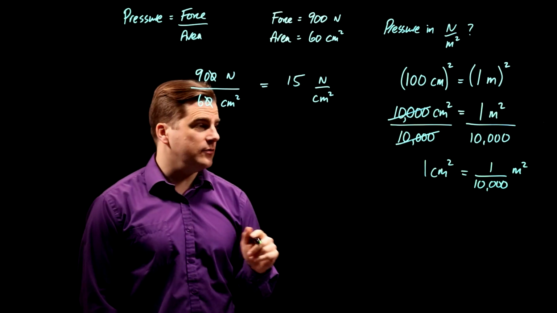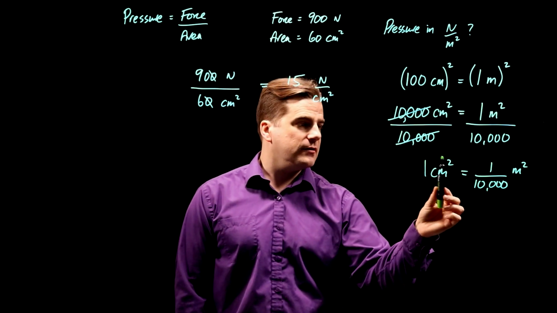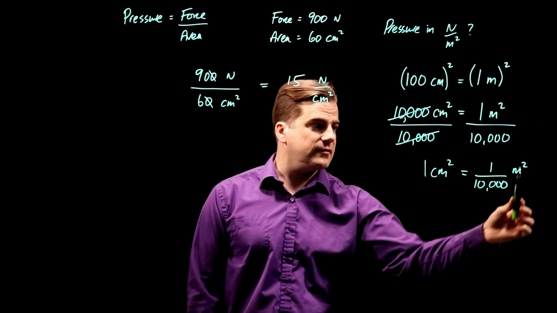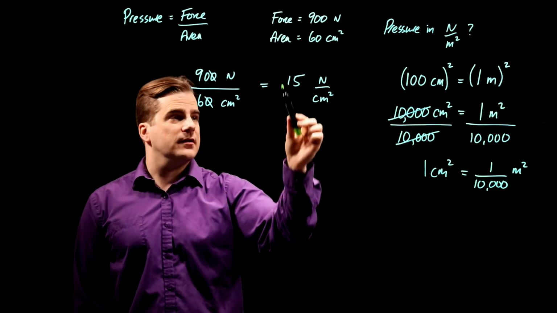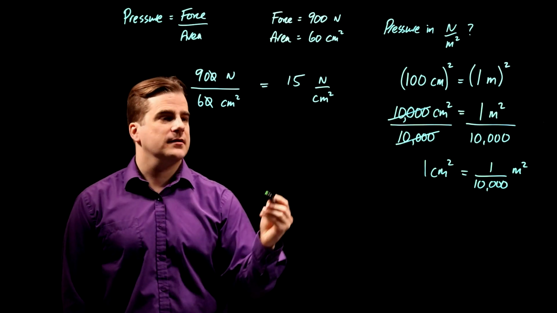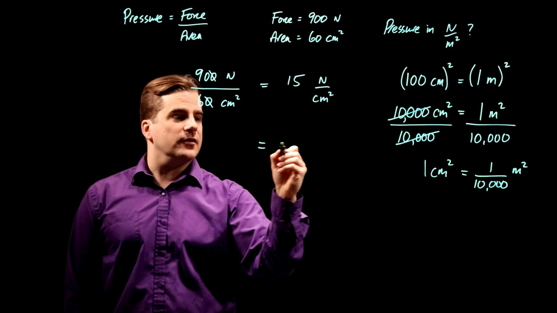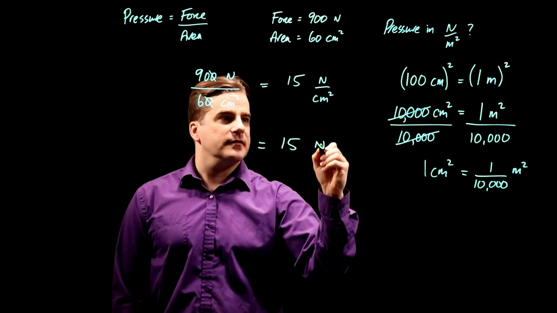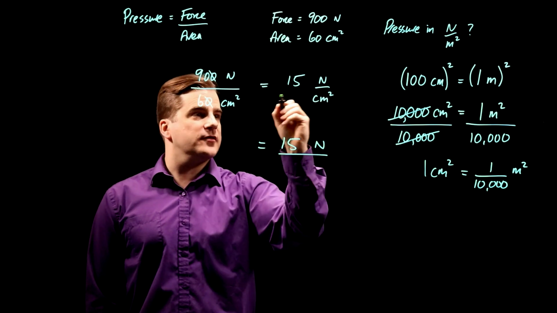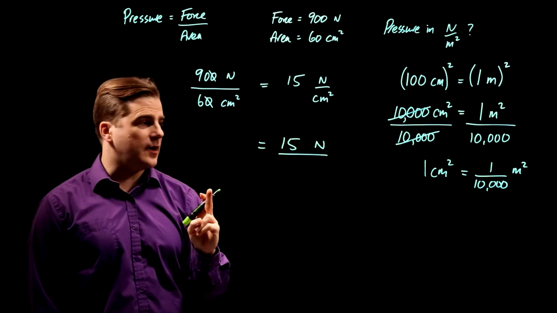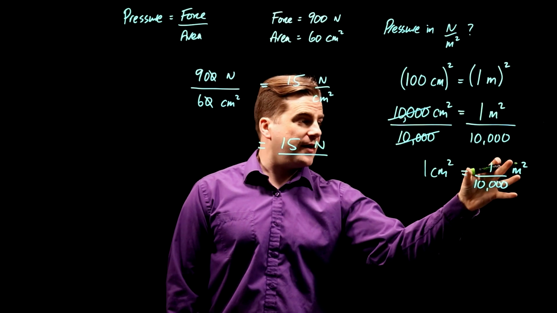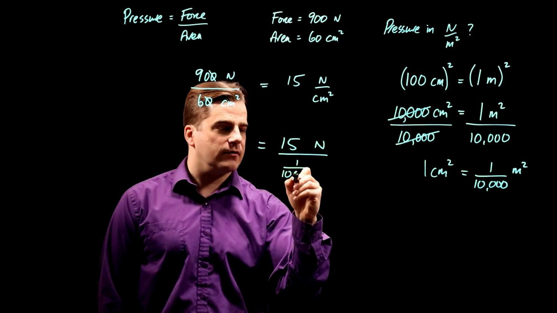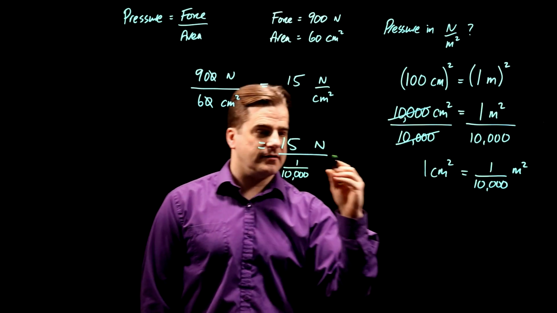And what we're going to do, we're going to sub in the value of 1 centimetre squared, which is that, into the answer. So that is equal to 15 newtons. Now, on the bottom, at the moment, it's 1 cm squared. So we're going to sub in that value. So on the bottom, we've got 1/10,000th of a metre squared.